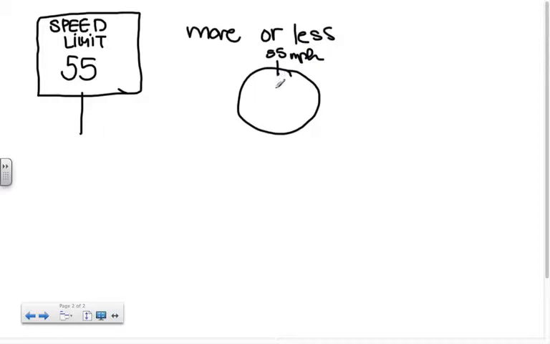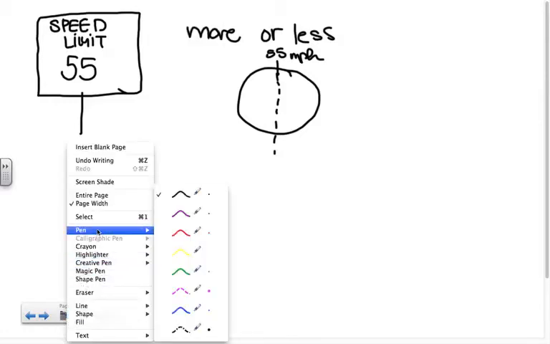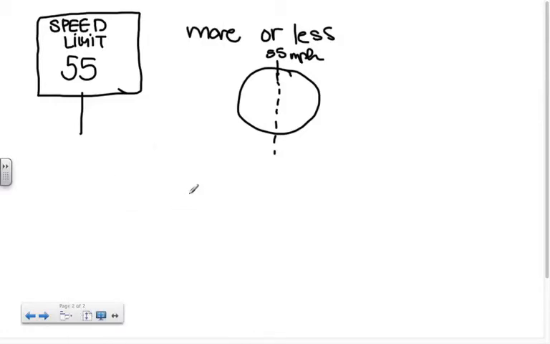You'll have to deal with my horrible drawing. Here's 0 down here. You can either approach 55 miles an hour, so this is actually coming from the left side.